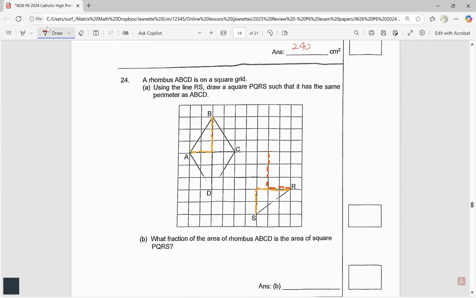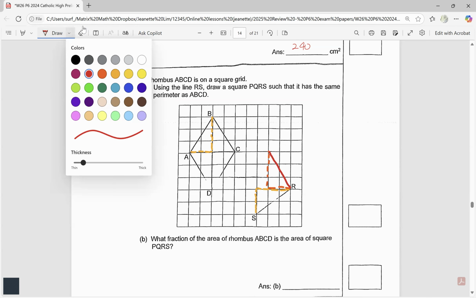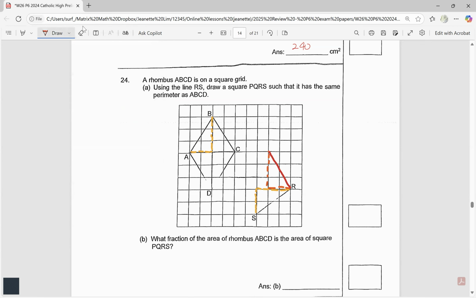We connect here. Then we do the same thing, continuing from this point here.